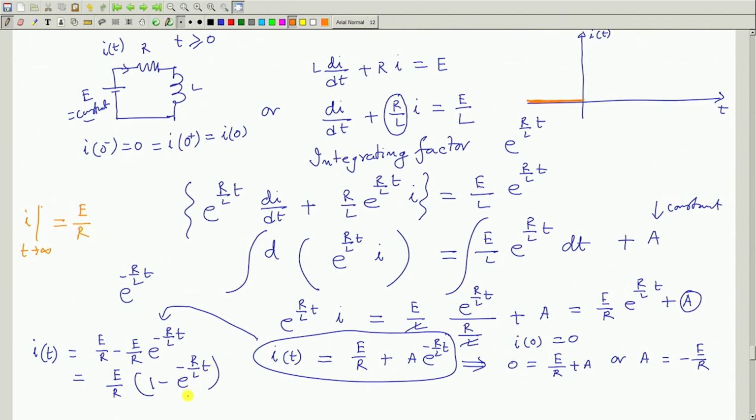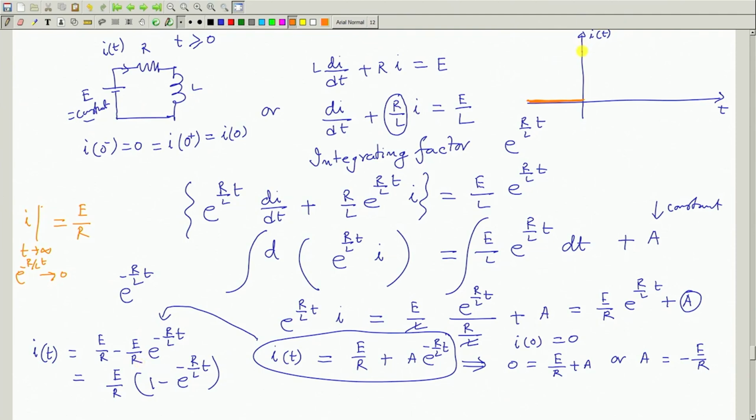Why? Because this term vanishes then, e to the power minus R by L into t will vanish, as t goes to infinity, e to the power minus R by L into t tends to 0.